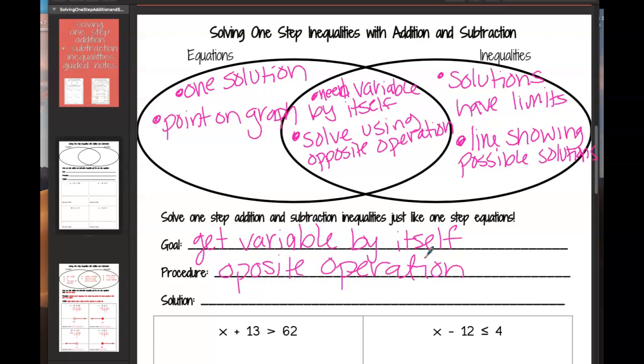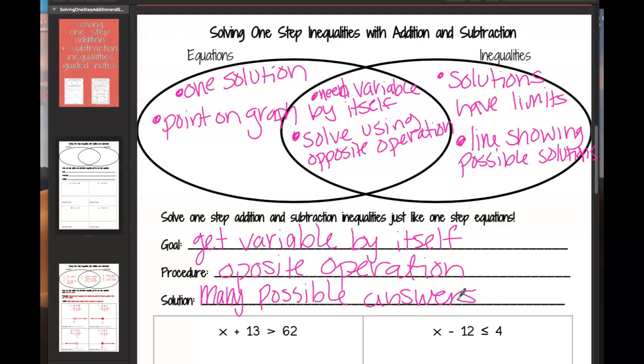And then your solution will have many possible answers.